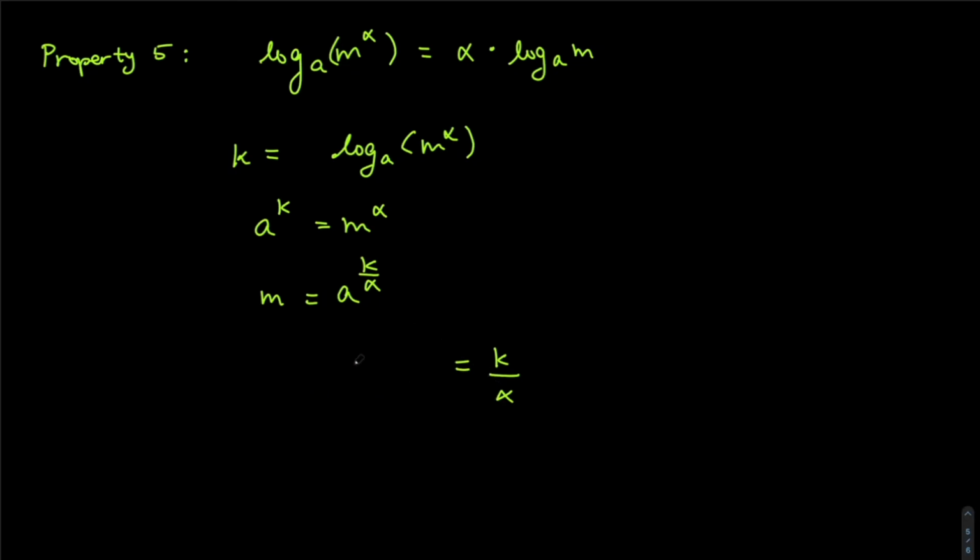So log base a m is k upon alpha, right? Now, if I multiply with alpha on both sides, I'm going to get k is equal to alpha times log base a m, like this. Okay, so I've proved this property as well, right? Proof.